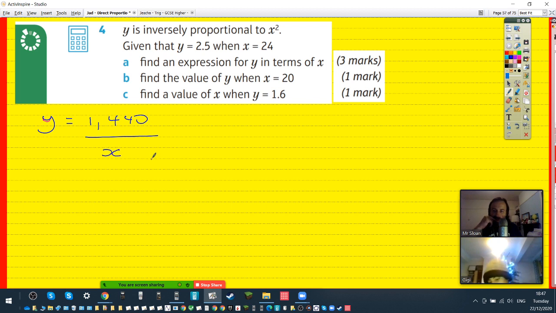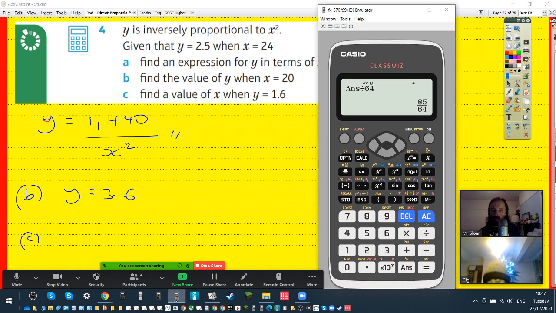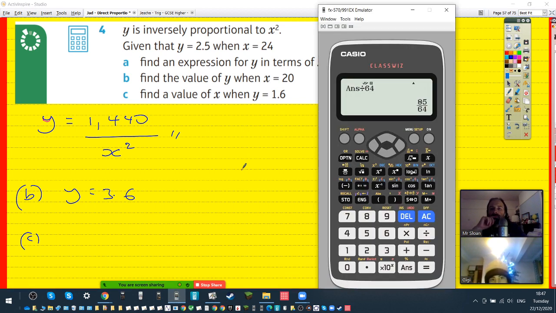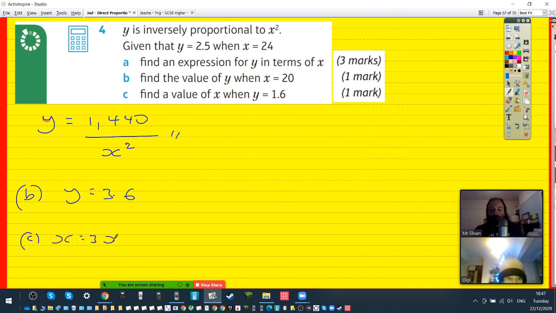Something's missing. Squared. Yeah. It's 3.6. Okay. It's 30. x is 30. Yeah, looks good to me.